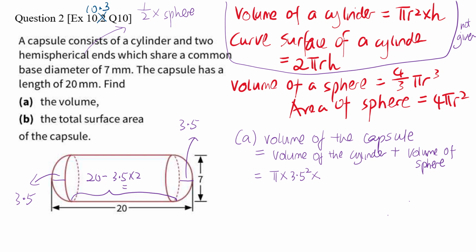So it's 20 minus 7, which is 13. So it's pi times 3.5 squared times 13. Then plus the volume of the sphere. They've given you the formula here, 4/3 pi r cubed. So 4/3 times pi times 3.5 cubed. So you just use a calculator to work that out.